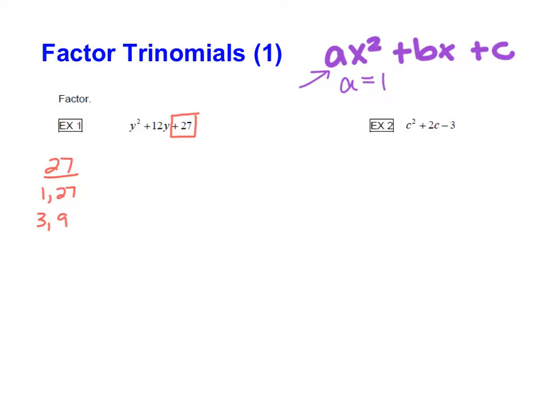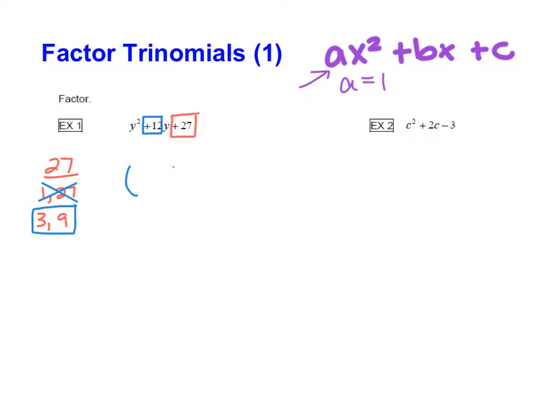So basically, I'm thinking about all my factor pairs, and I want to find the one pair, and there's only going to be one pair that works, that adds up to this middle number, this positive 12. Well, 1 plus 27 is 28, so that doesn't work. But 3 plus 9 is 12, and 3 times 9 is 27. So this is the magic pair of numbers that work.